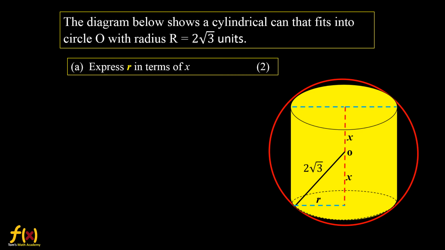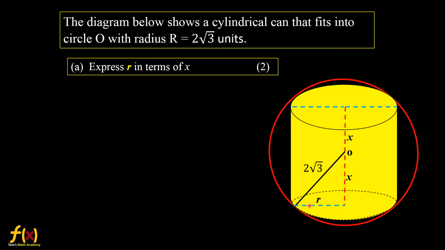Express r, the radius of the cylinder, in terms of x. Only 2 marks. We look at the diagram and we have the right-angled triangle. The hypotenuse is 2√3. One side is x, from the centre to the base of the cylinder, and the radius of the cylinder is r. That is the r we have to calculate.